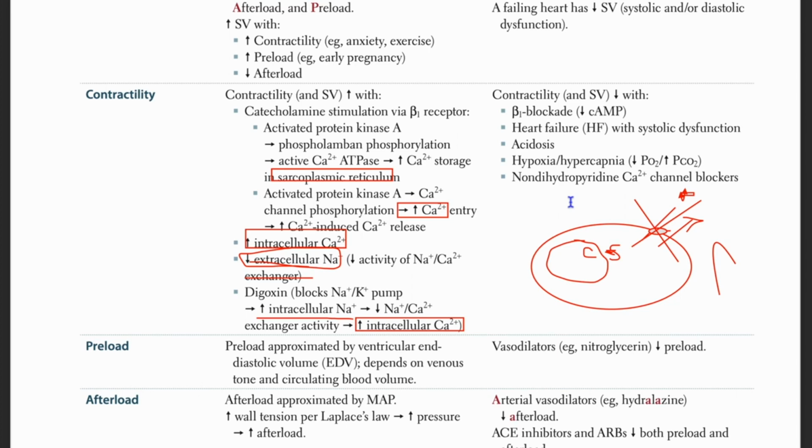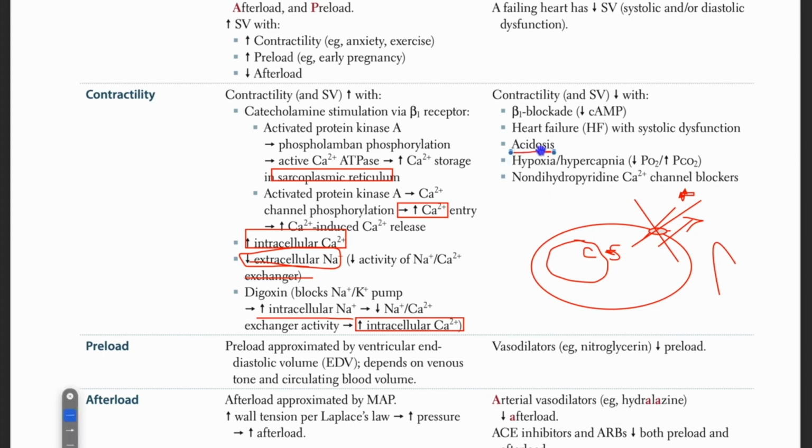If there's no ATP, there won't be any contraction, because in that whole complex of troponin, myosin, and all that, you need ATP for contraction to happen, right? And you need oxygen for that as well, because oxygen goes into the electron transport chain in the mitochondria, and mitochondria makes ATP. So when that's decreased, you won't have contraction, so that will decrease contractility, thus decreasing stroke volume.